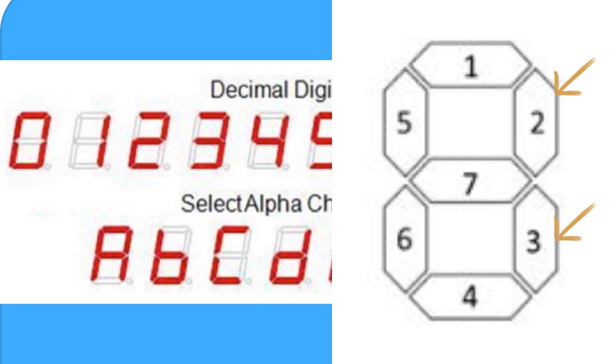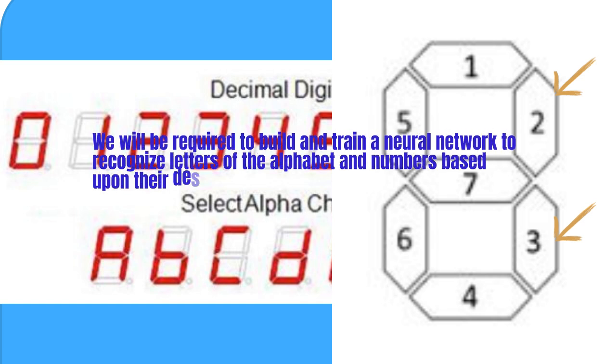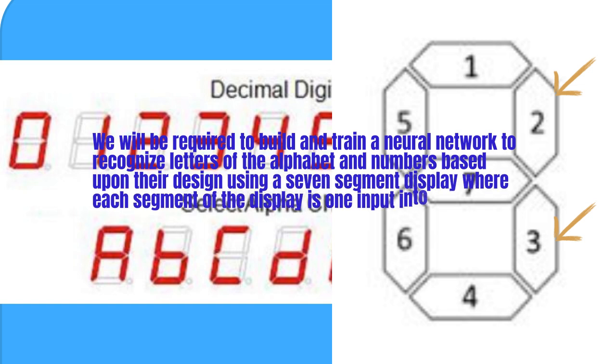For example, the programming assignment we are going to do is we are required to build and train a neural network to recognize letters of the alphabet and numbers based upon their design using a 7-segment display, where each segment of the display is one input into the neural network.